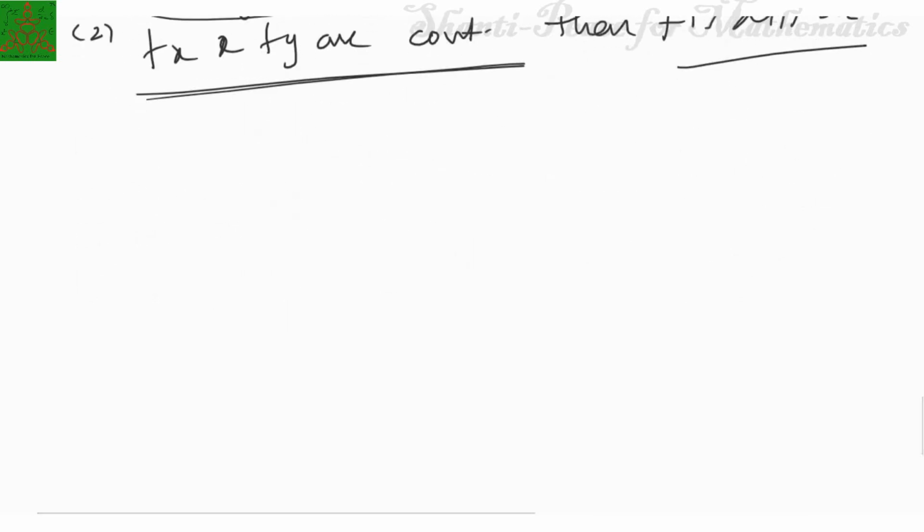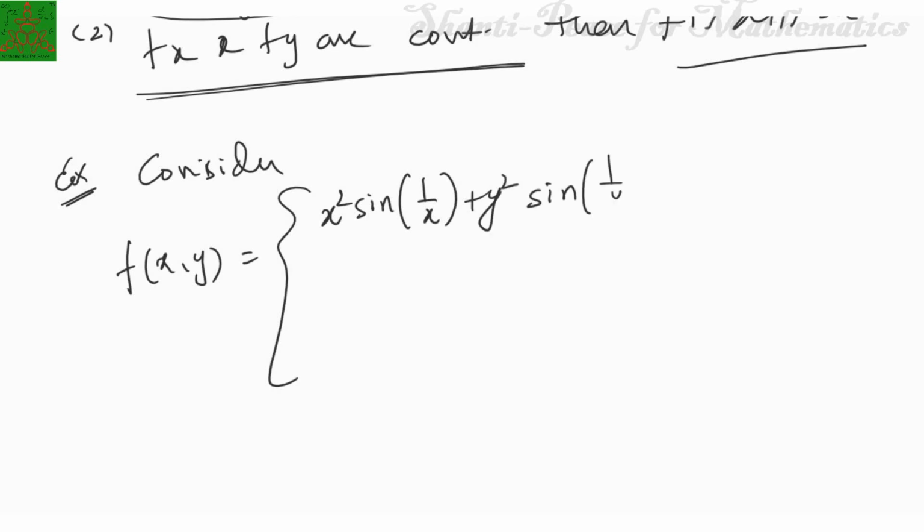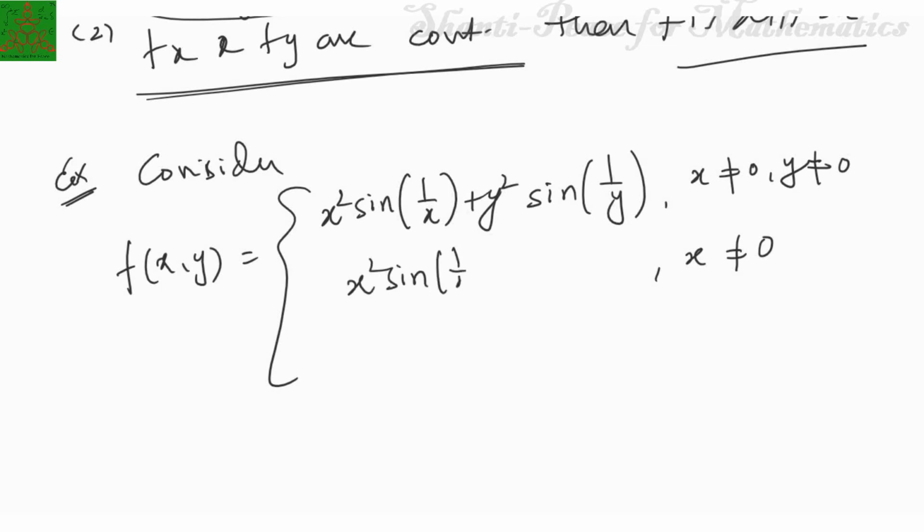So for that I am giving you an example here. Consider or define a function f(x,y) this way: x square sine 1 upon x plus y square sine 1 upon y, defined if x is non-zero and y is non-zero. If only x is non-zero, it is defined as x square sine 1 upon x.